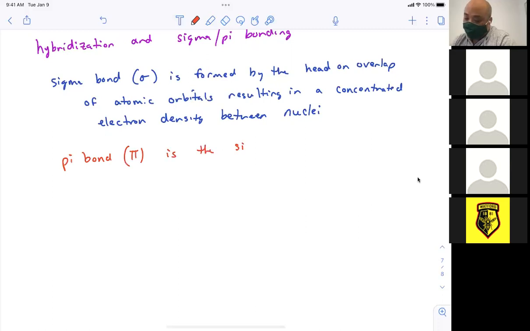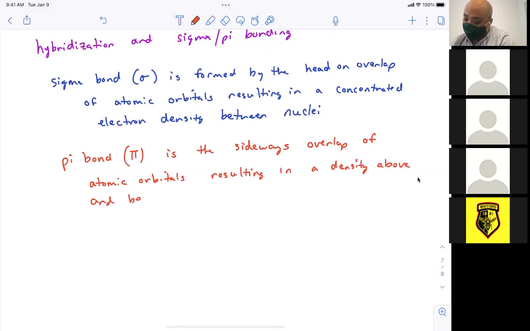A pi bond is the sideways overlap of atomic orbitals resulting in a density above and below the plane of nuclei.